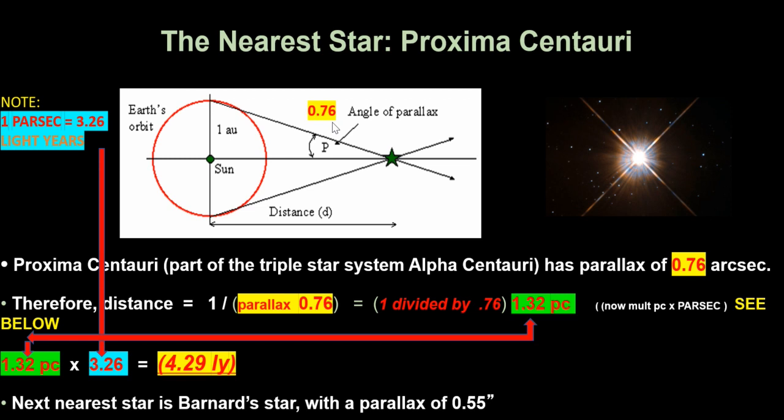So if you were to see a chart like this, you just know that this is the angle of parallax. That means that's half the distance of the width of where you're from and looking at the star. Okay?